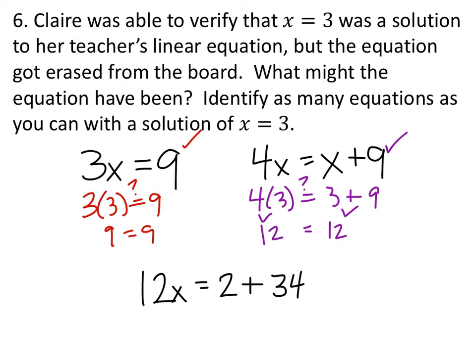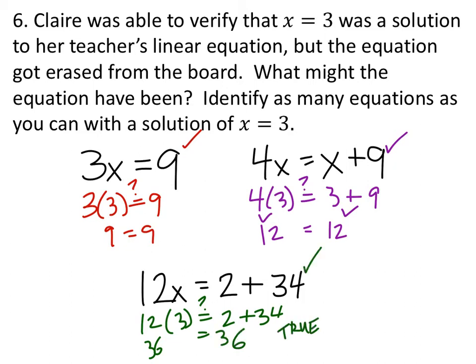Well, if I replace x with 3, then I've got 12 times 3, which is 36. Does this equal 2 plus 34? Yeah, that does equal 36. So that is true, and we know that this one checks off as well. So we did 3 of them, even though we could have done more. Now, we don't know exactly what equation was used for this class, but it could have been one of these 3, I suppose.